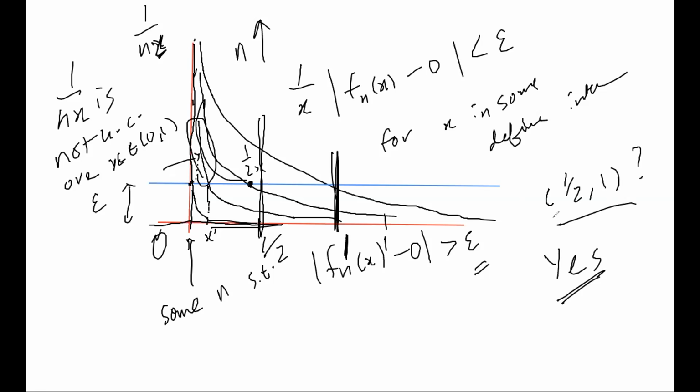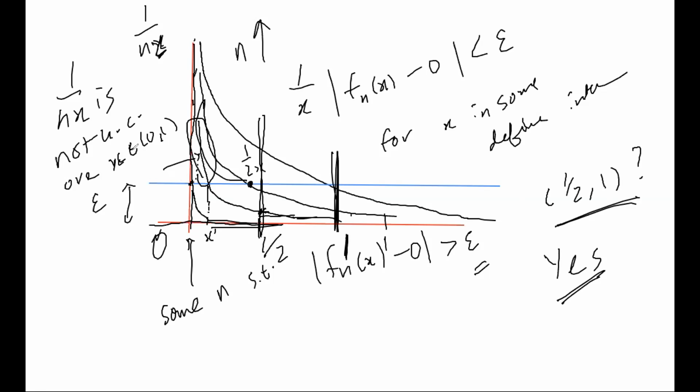In fact, yes, because for 1 over 2, if you keep increasing the n, they will just go lower and lower like this. Therefore, you can always find some n such that they are bounded by some arbitrary epsilon.